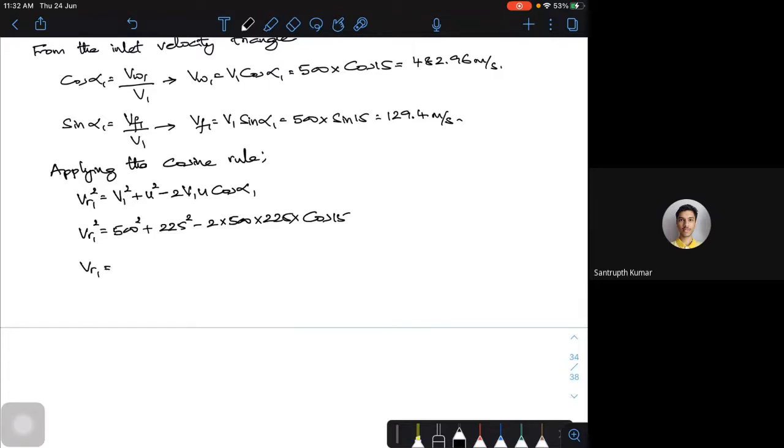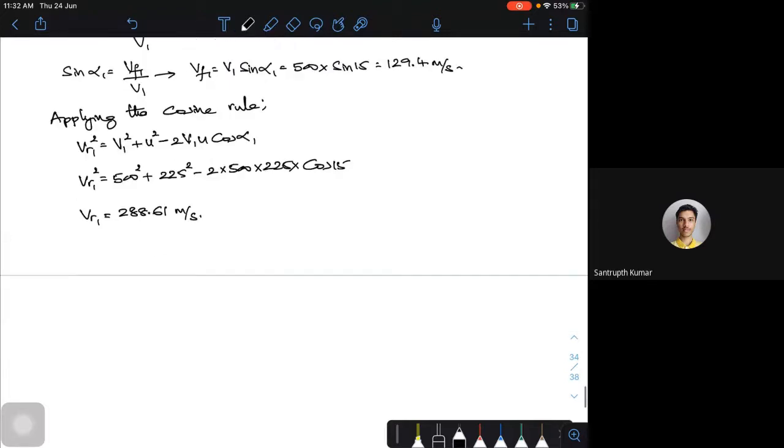Can you tell this number? Anyone? 288.61 meters per second. Others also please verify this number. Now, what is the friction factor? It is VR2 by VR1, which is 0.9.